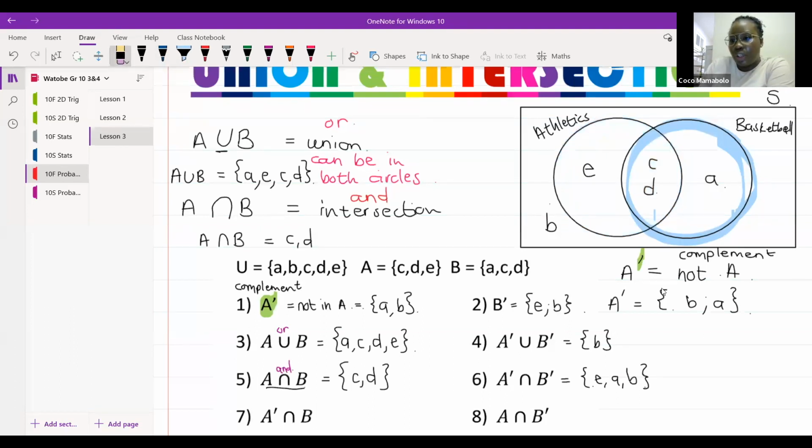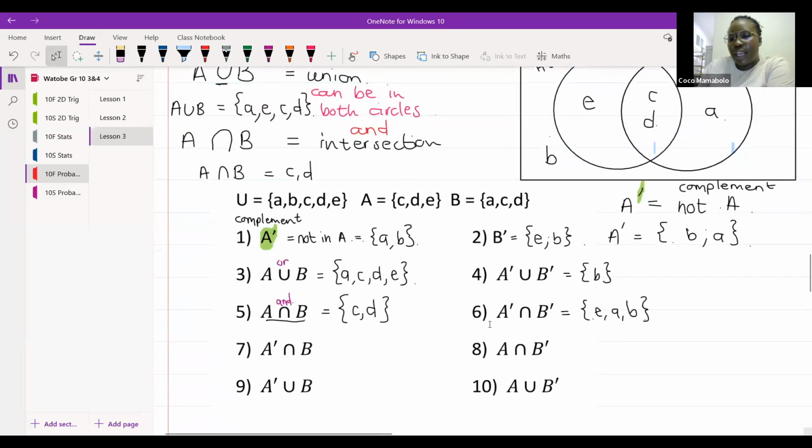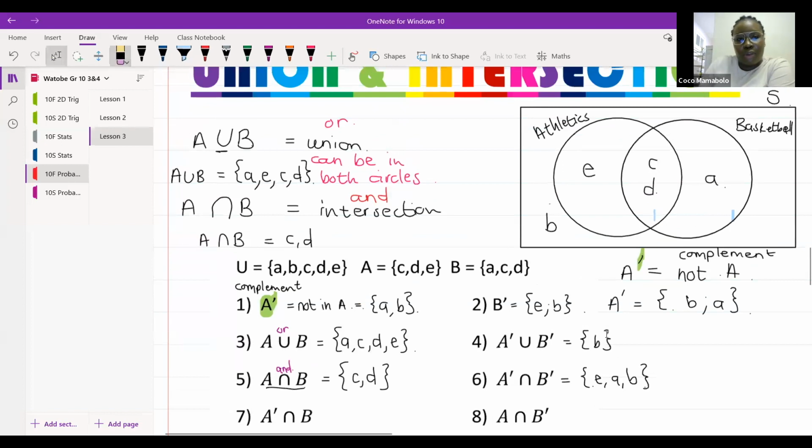Okay, let's have a look. If we take number 6 slowly, I was wrong. Let's look for the complement of A. Do you agree with me, Jessica? This is the whole of A, right? Yes, ma'am.